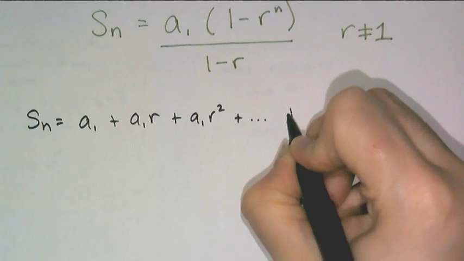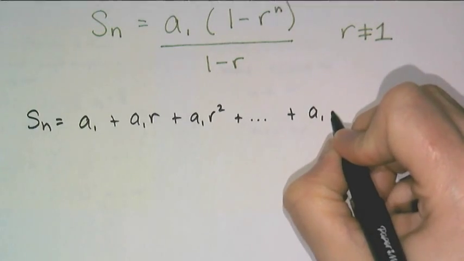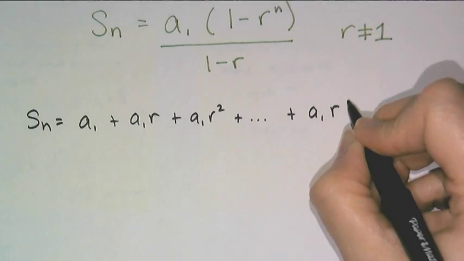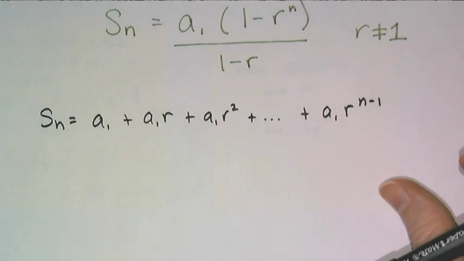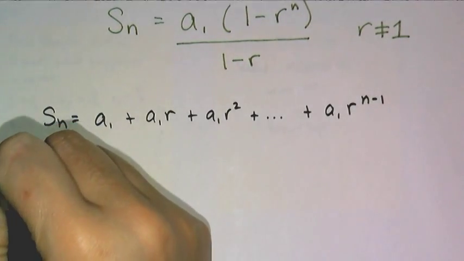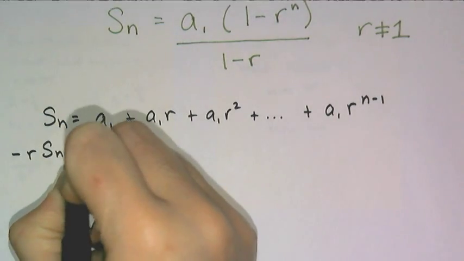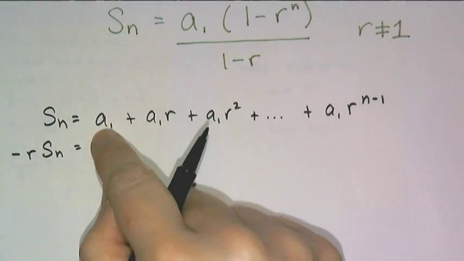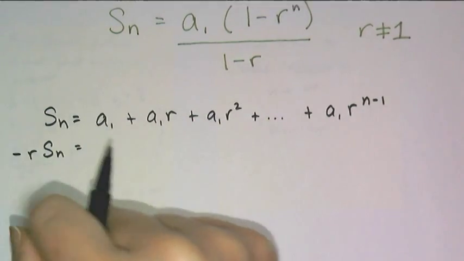And if I continued on with that series, I'm going to end up with a sub 1 times r, not n times, but n minus 1 times. And this one has a little bit of trick to it. So I'm going to now subtract off the ratio times the sum.